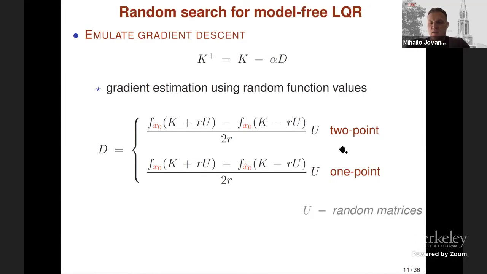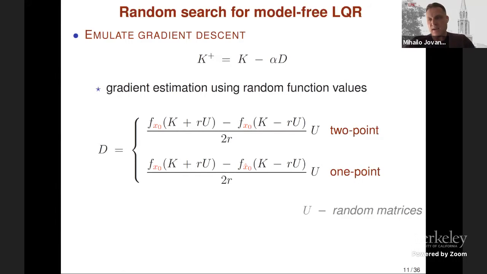They're respectively given by two and one point gradient estimates. If you take a look at these expressions, they may remind you of a standard central difference scheme from numerical analysis. The key difference between them is that in the two point scheme, you assume that you can evaluate LQR cost at two different values of the feedback gain, but for the same initial condition.